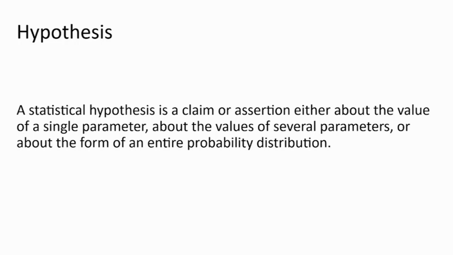So these are all parameters, or about several parameters, or about the form of an entire distribution. So the sample is normally distributed, not normally distributed, or having a different distribution. We will talk about distribution more in detail after we cover this.